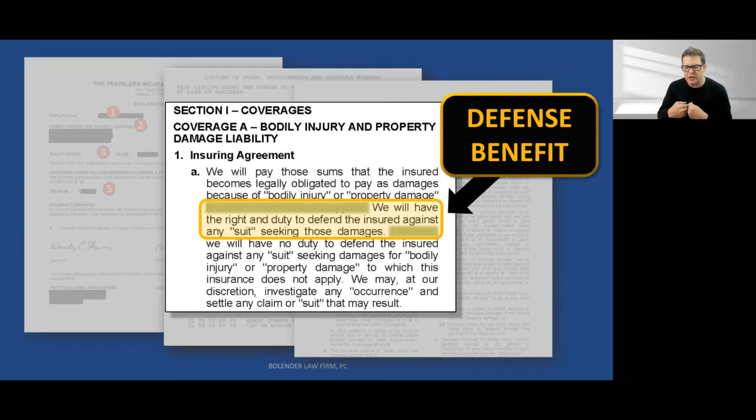So you can see in the first and second sentences, we have two related duties, both of which are equally important, as we'll discuss, but each of which is separate and distinct, and each of which has a different purpose, a different scope, and a different trigger.